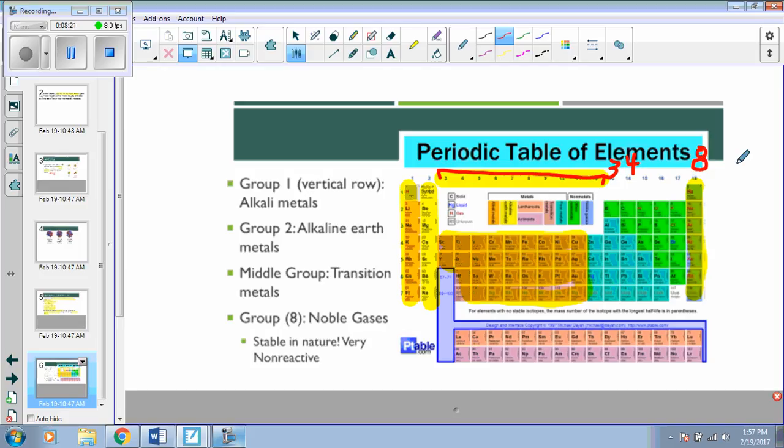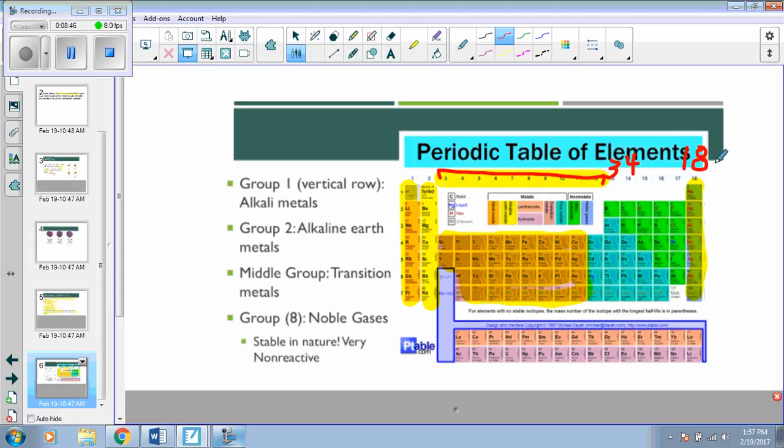For this course, I do not mind which one you guys do. If you want to include the transition metals as numbering them because it's easier for you to understand, that's fine with me. If you want to skip over the transition metals, whatever the case may be, this last group either needs to be 18 or 8.